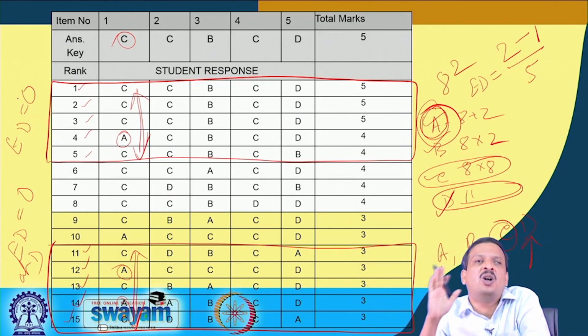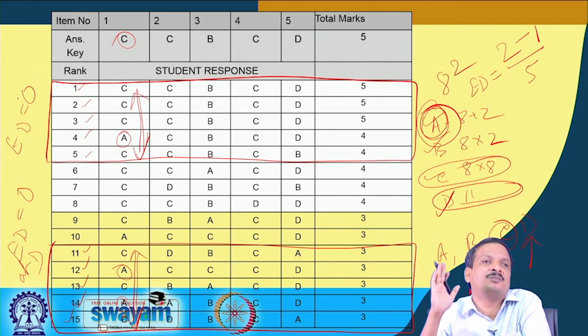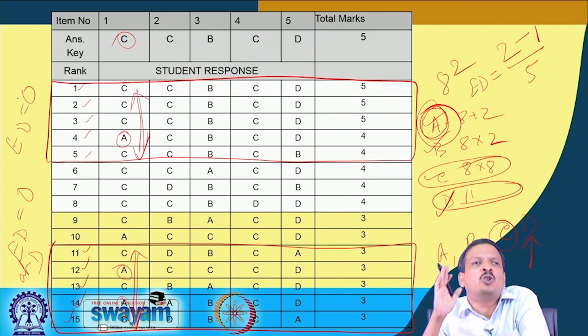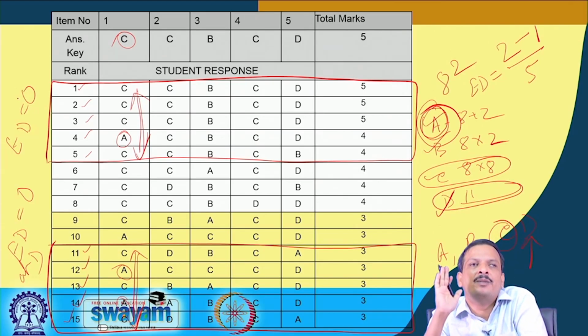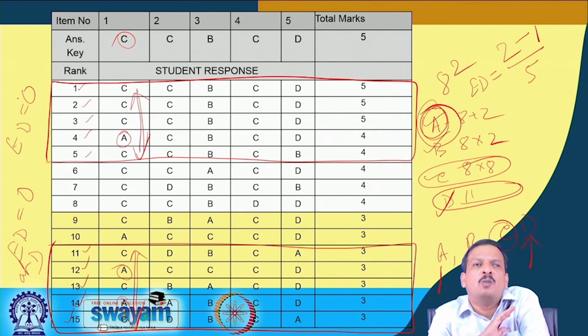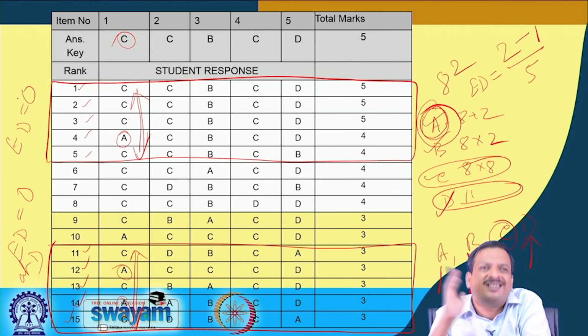So, although there are several choices, only 2 choices are effective: the correct choice and A, which distracted people. But for B and D, nobody is distracted. So, those choices are irrelevant, whether you provided them or not does not matter.